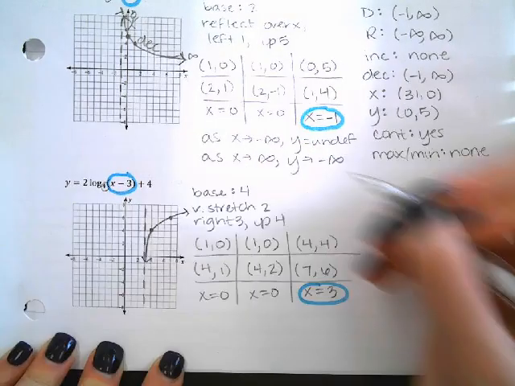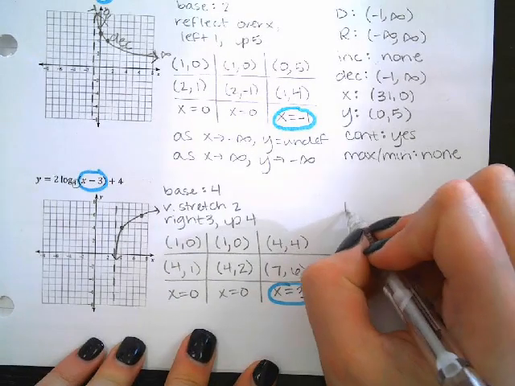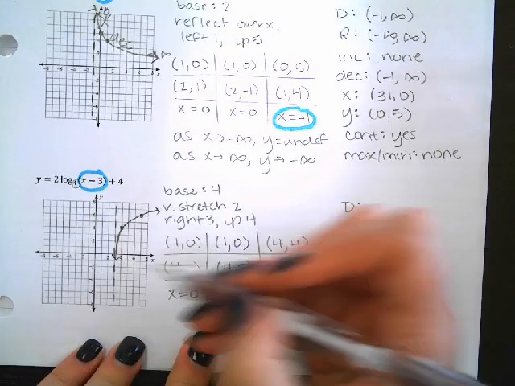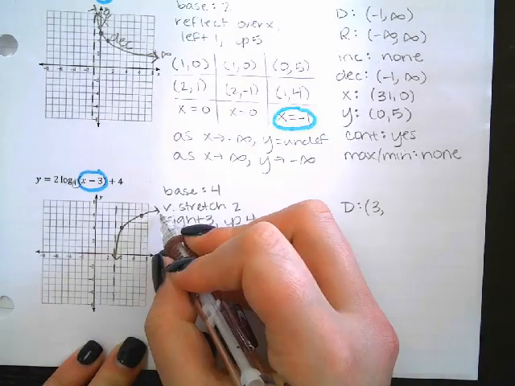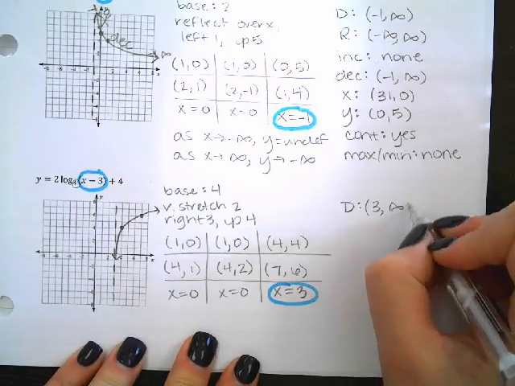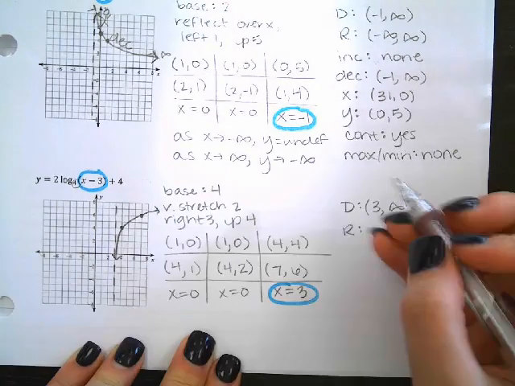And so that's what our graph looks like. So the domain, the furthest that this graph goes to the left is 3, and it goes to the right forever. It goes down forever and up forever.